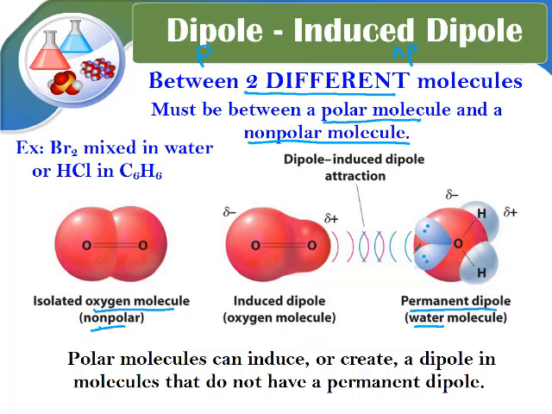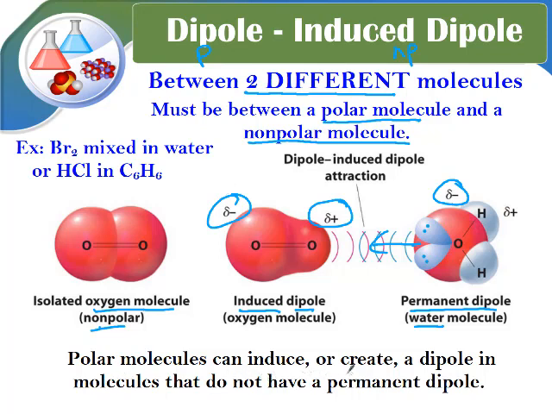As the water gets brought near the oxygen, just like in a London dispersion, it causes this oxygen to get distorted, and it induces a dipole on that oxygen. As this slightly negative oxygen comes near the oxygen, the electrons go away from it, making it slightly positive, and the other side slightly negative.